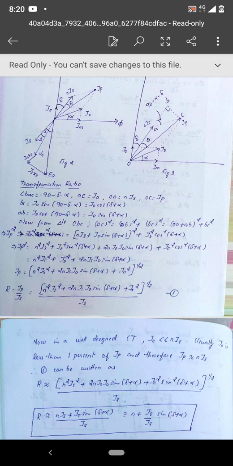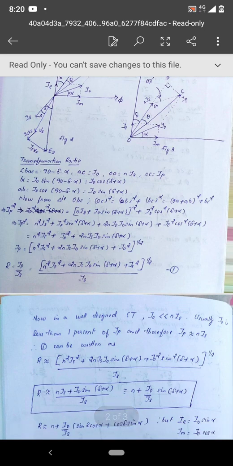Now, in a well-defined transformer, I naught is very, very small with respect to NIS. I told you that IP has two components, I naught as well as the component of secondary current, that is NIS. So I naught is only 1% of NIS. That means almost the whole of IP is NIS, or IP can be approximately taken equal to NIS.